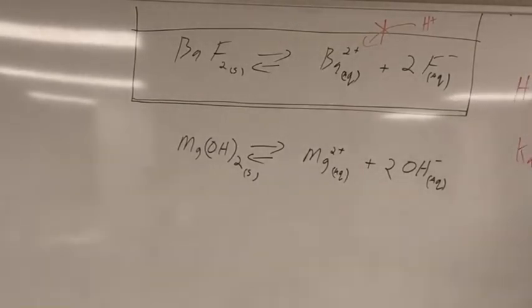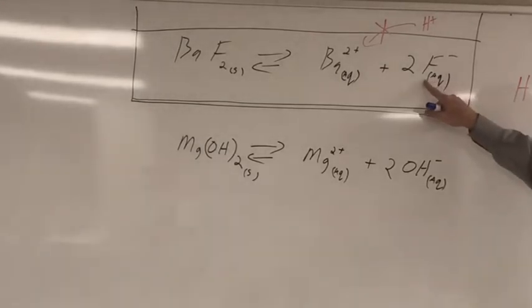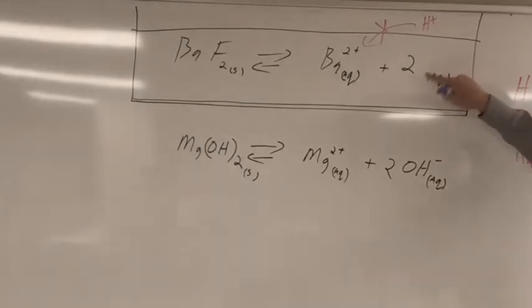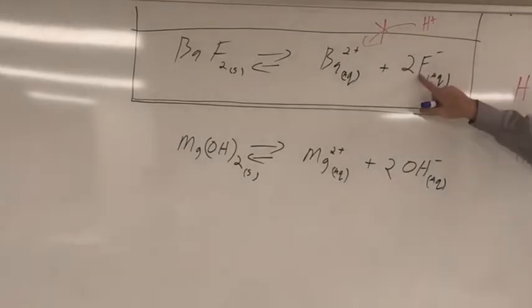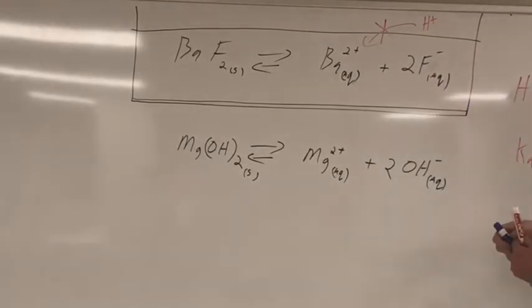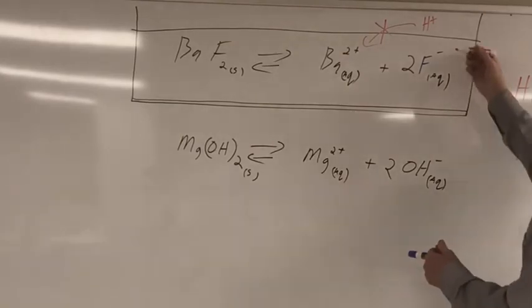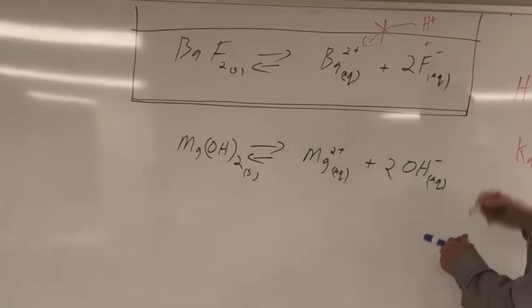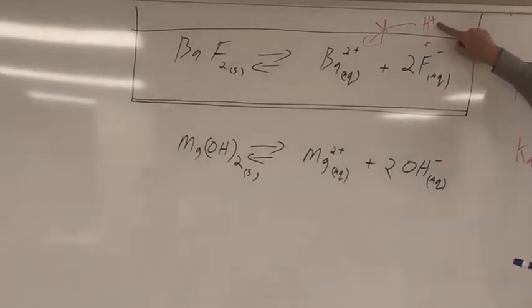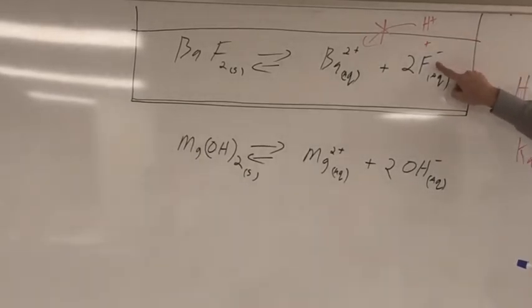So this has basic properties, basic in blue. Again, it's basic relative to water. I can change the color now, this F minus has basic properties. So now notice H positive would in fact react with F minus.